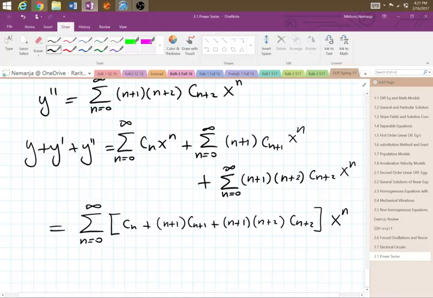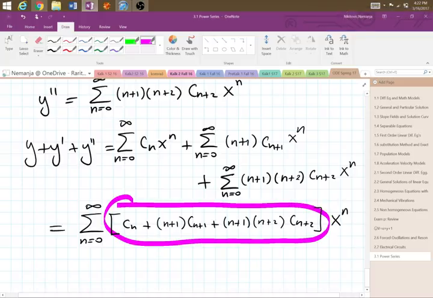So none of this goes out of the sum. It's all within. So as I said, obtaining this is what you will need as we go into the next section to actually solve differential equations using these methods.